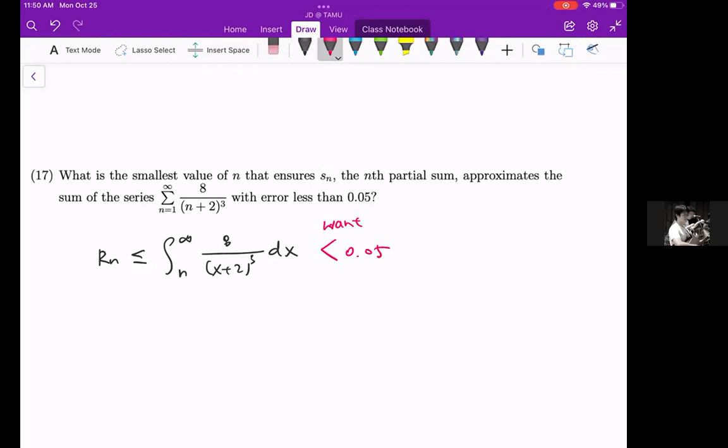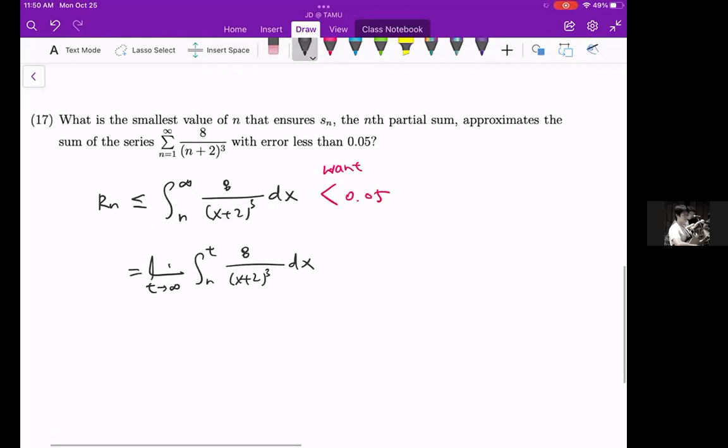So let me take care of the improper integral first. This is equal to the limit as t goes to infinity of the integral from n to t of 8 over (x+2) cubed dx. Since I don't like the coefficient, let me put that out. What is that? (x+2) to the negative 3 power, which means 1 over -2 times (x+2)^(-2), from n to t.